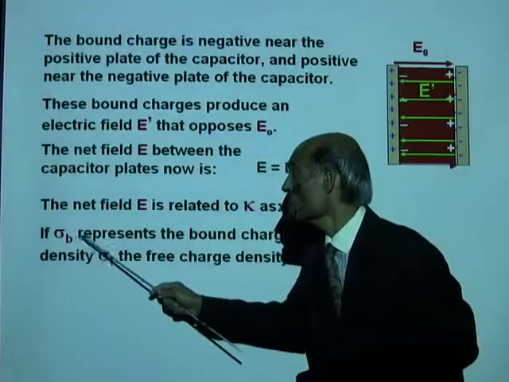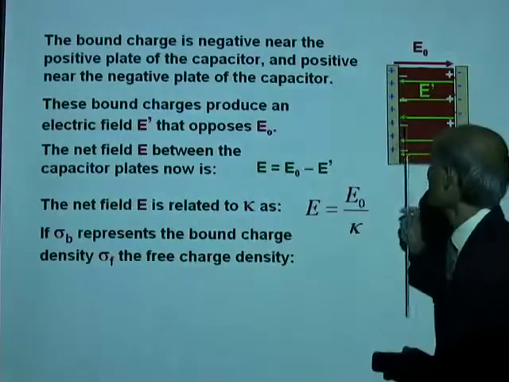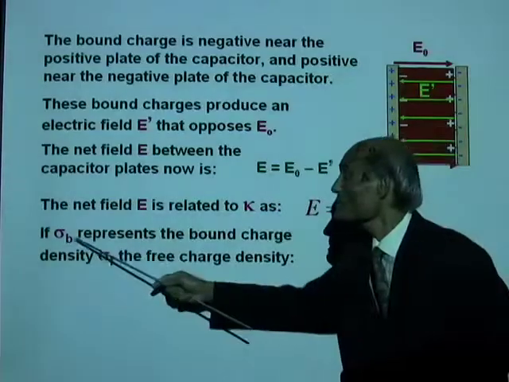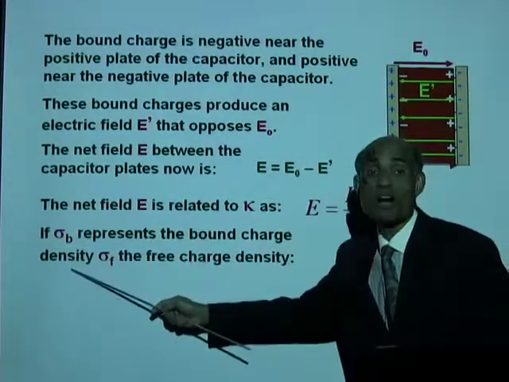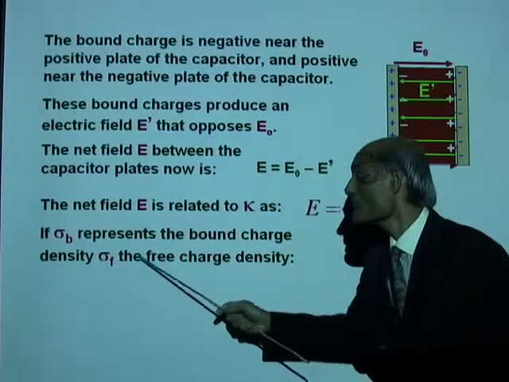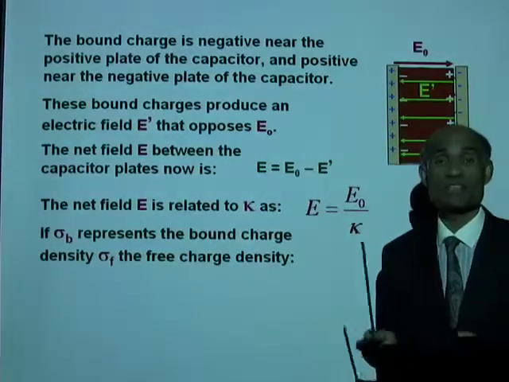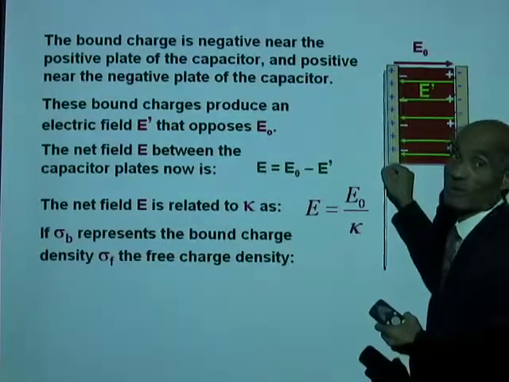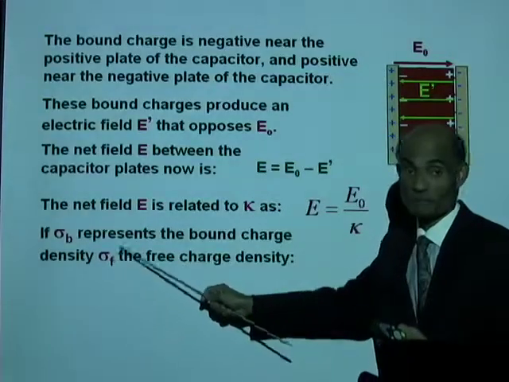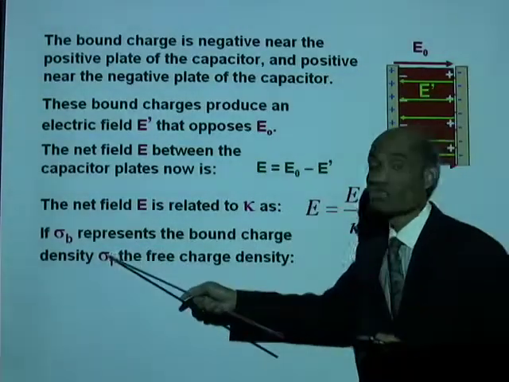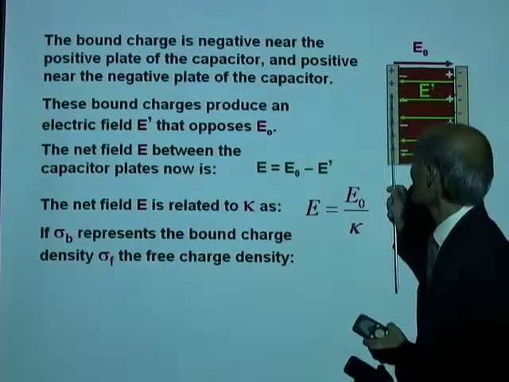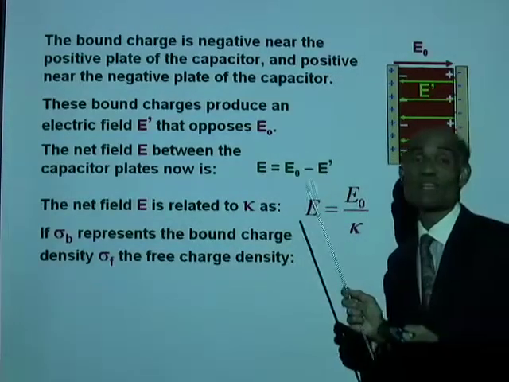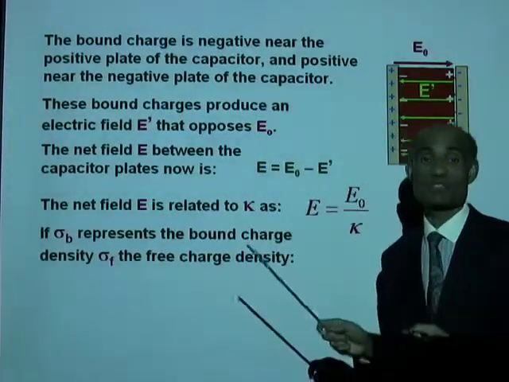Suppose sigma B represents the bound charge density. You see, bound charges are the charges on the dielectric. Sigma B represents the bound charge density and sigma F represents the free charge density. The free charges are on the capacitor plates, so sigma F is the surface charge density on the capacitor plates. Sigma B is the charge density on the dielectric, the bound charge density.